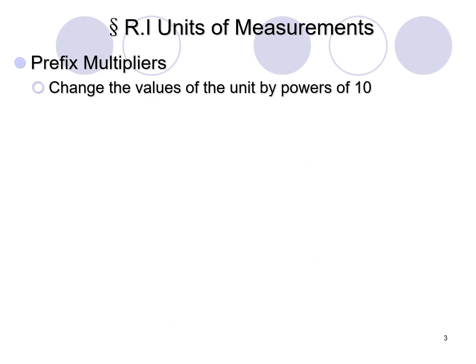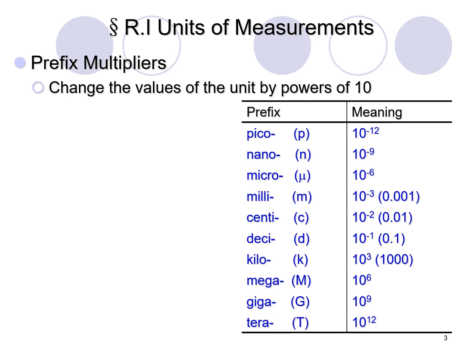Now let's talk about the prefixes. As we mentioned earlier, we use some letters to adjust the magnitude of the units. So now we realize those prefixes can change the value of a unit by powers of 10. And here's the list of prefixes, from extremely small to extremely large.